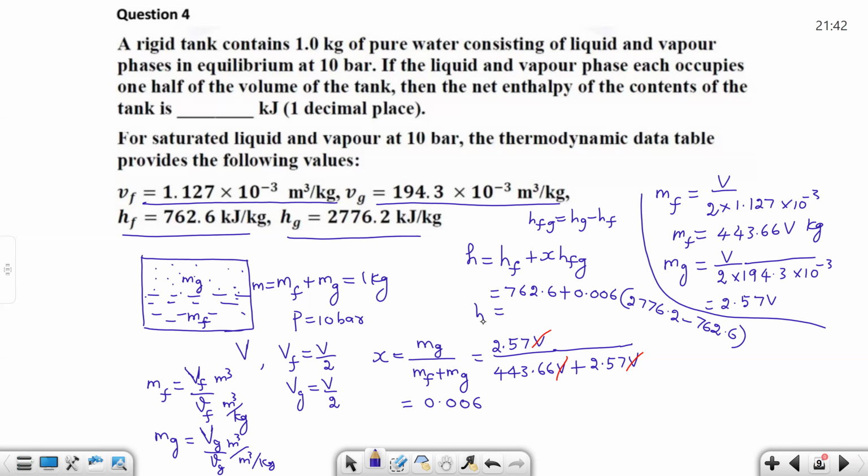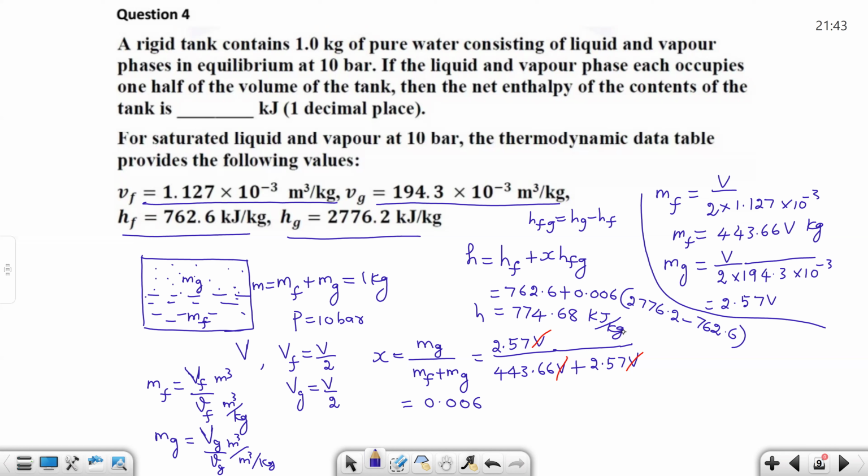This is your h, 774.68 kilojoule per kilogram.